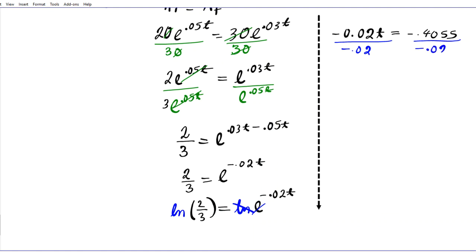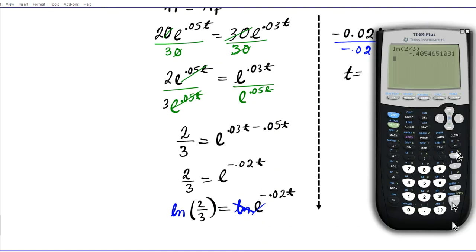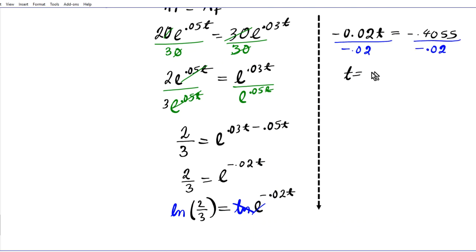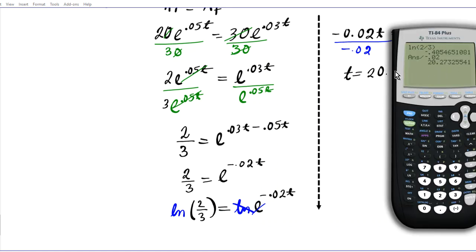The time when the population will be the same is given by the quotient, negative 0.4055 divided by negative 0.02, and we get 20.2732. So t is equal to 20.2732.